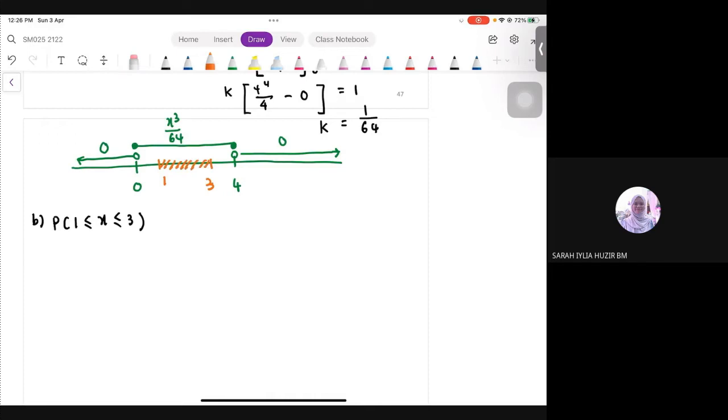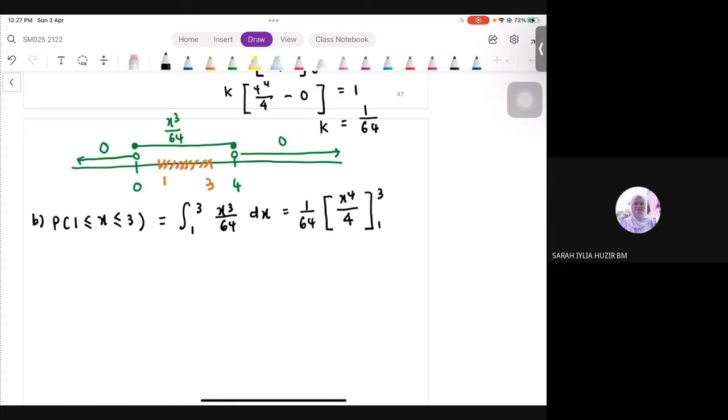So straight away use the same function, you may start the integration process. It's from 1 up to 3 of x cubed over 64. Okay. So 1 over 64 is a constant you can factorize outside. Integrate x cubed, we get x to the power of 4 over 4.